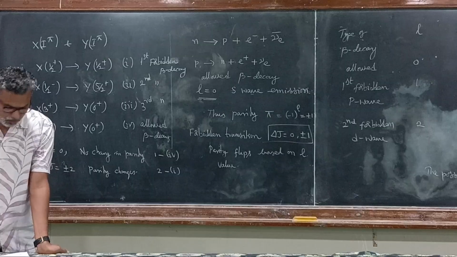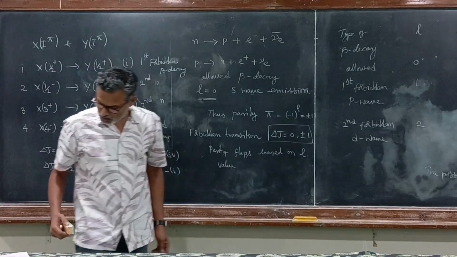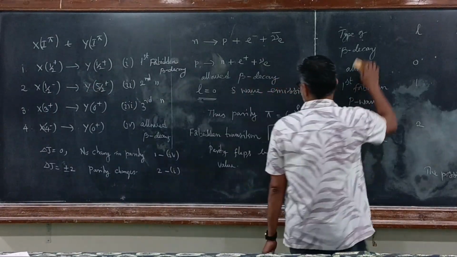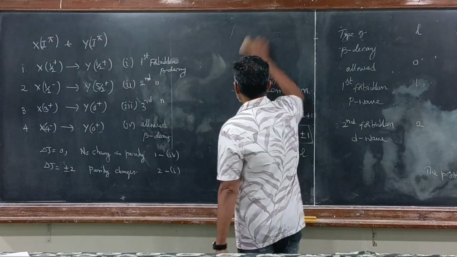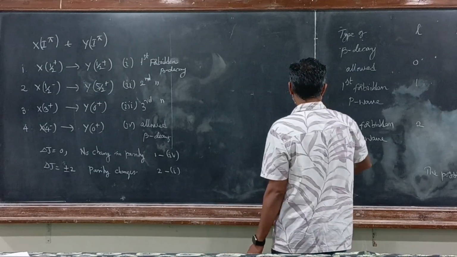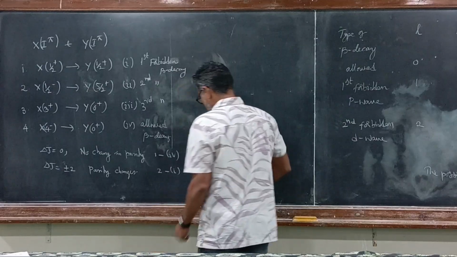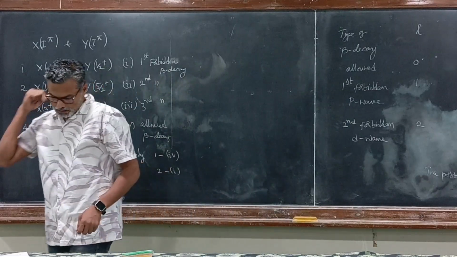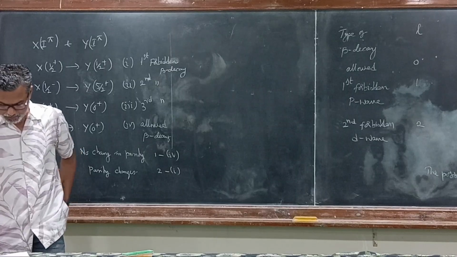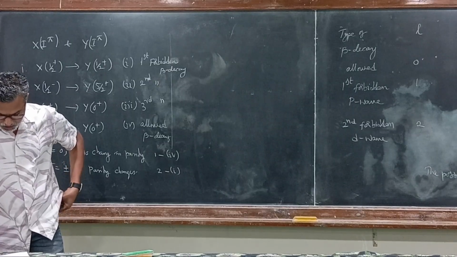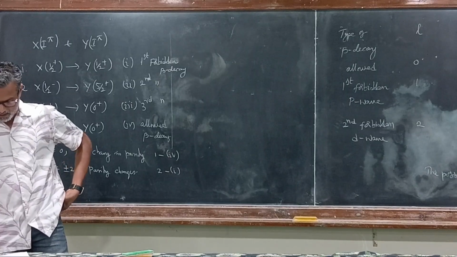Okay, and now another one, the 49th question. It's very straightforward. Let Ne and Pe be the number and kinetic energy of electrons in beta decay.